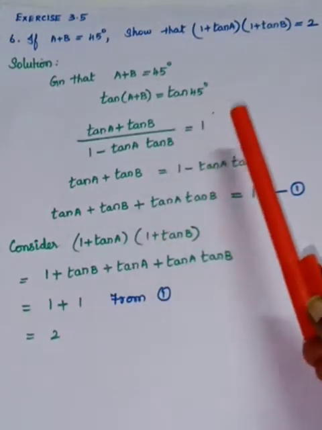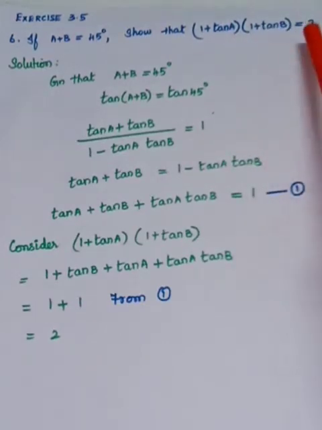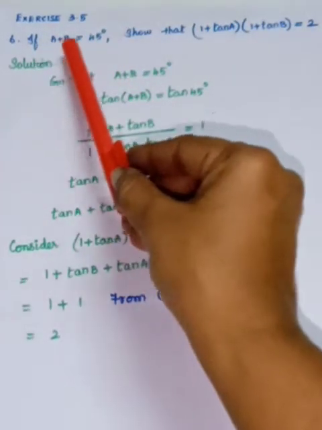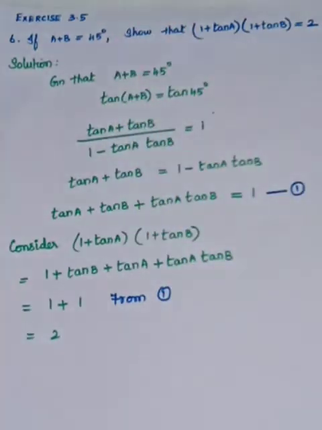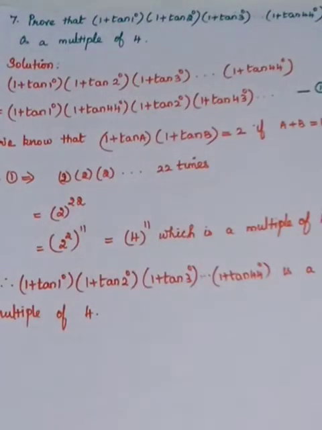Okay, see the important result. (1 plus tan a) into (1 plus tan b) is equal to 2 if a plus b is equal to 45 degrees. So we have proved the sixth problem. So using this result, the sixth result, we are going to prove the seventh problem.